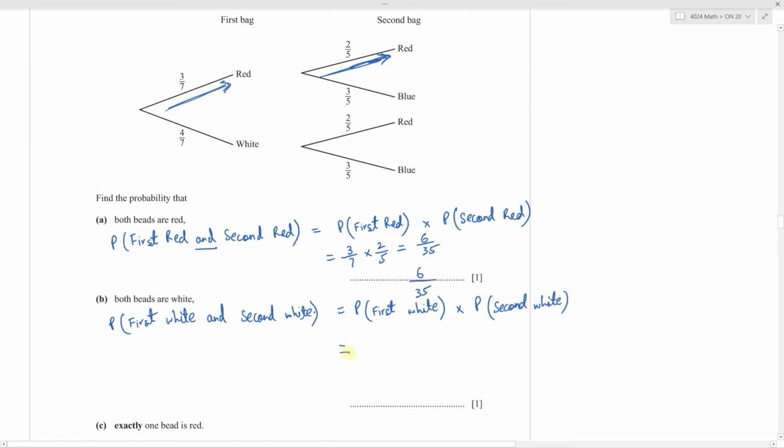The probability that you get white from the first bag is 4 over 7, multiplied by probability of second white. The second bag doesn't even contain any white beads. It only has red and blue. So probability of getting a white from the second bag is 0. So 4 by 7 multiplied by 0 is 0. There is no way that both beads are white if you pick one bead from the first bag and one bead from the second bag.